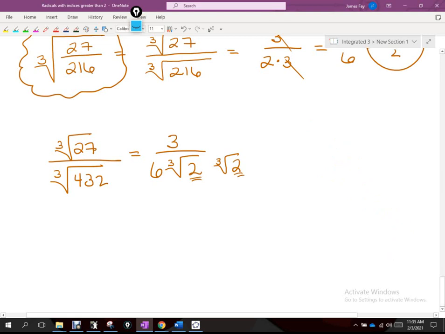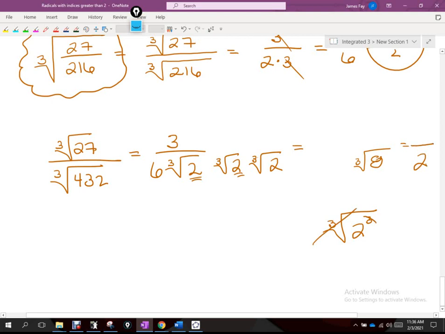So I don't only want to multiply by a cube root of 4. What I want to do here is multiply by another cube root of 2. Because what's 2 times 2 times 2? 8. If I got the cube root of 8, or I could look at it this way, it'd be the cube root of 2 cubed, right? Those cancel out, leaving me just 2 on the bottom. Does that make sense, everybody?